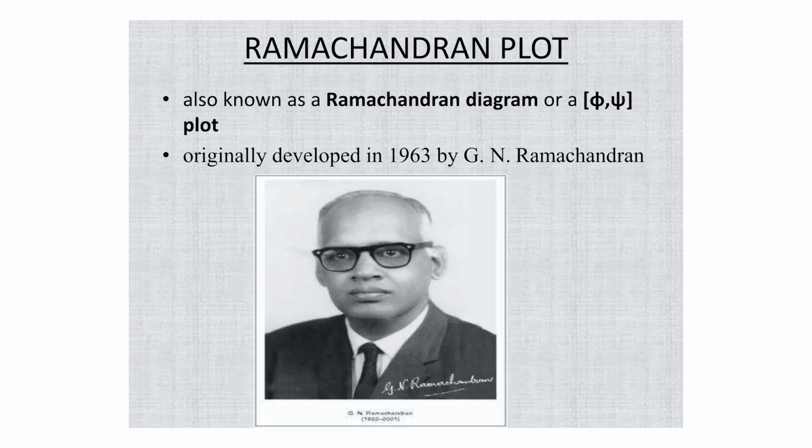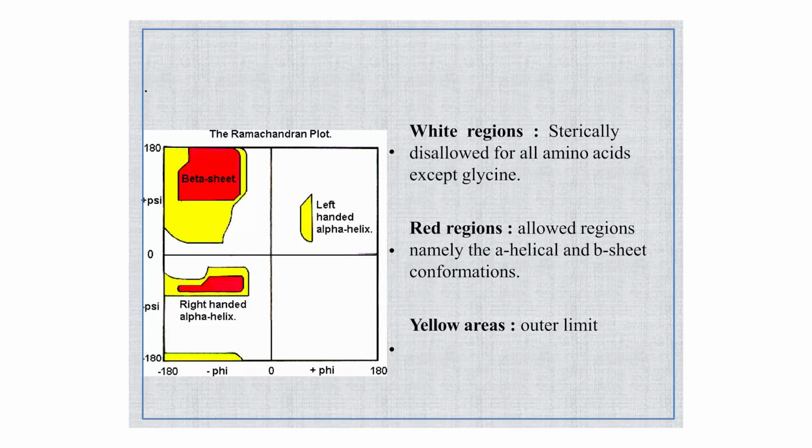So, we were talking about psi, phi and omega angles and the interpretation of these bonds and what is the relation of Ramachandran plots with it. So, you can see the Ramachandran plots, how it is plotted and how it shows the phi, psi and omega angles. You can see the white region, the red region and the yellow region.